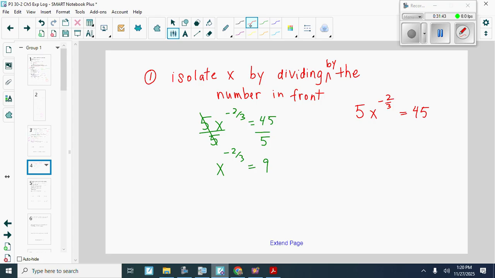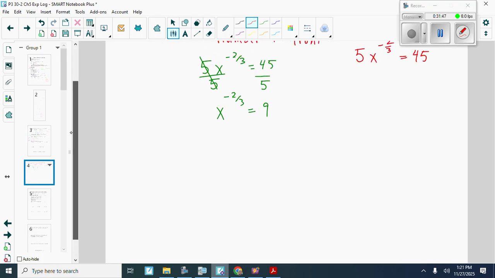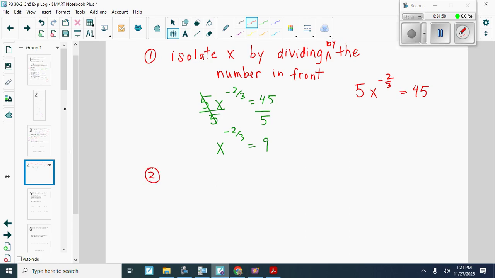Your next step is to multiply both sides by the reciprocal exponent, because the whole point is so that we get to x to the power of 1.